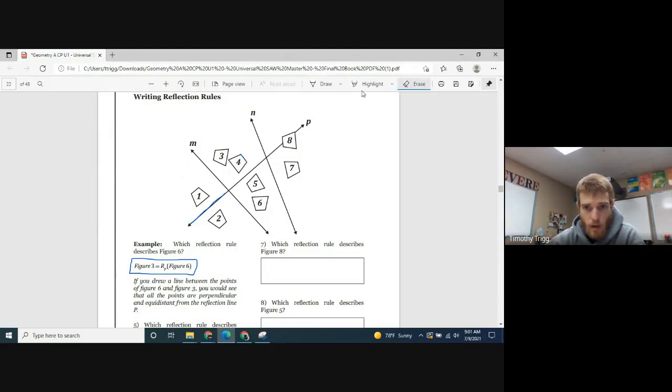It's actually across, we want to reflect figure 4 across line N. And that'll give us figure 8. You see that? So figure 4 and 8 are a reflection across line N. Notice the same distance from N, right? So if you go from here to N. So if I connect corresponding points, you see?